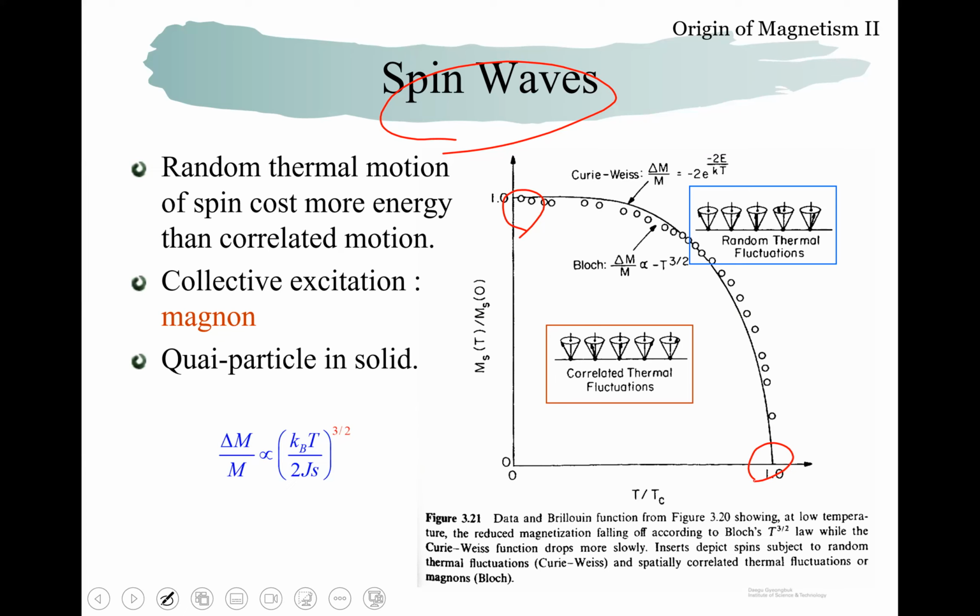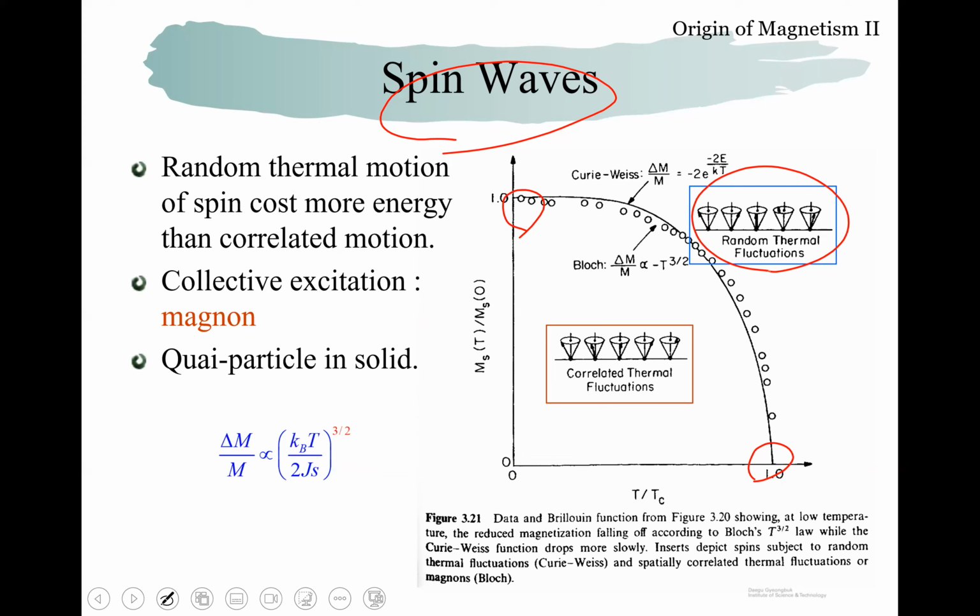Okay? But is it really random? That's the question. Even though random thermal motion reduces the energy, every spin has a strong interaction with the neighboring spin.